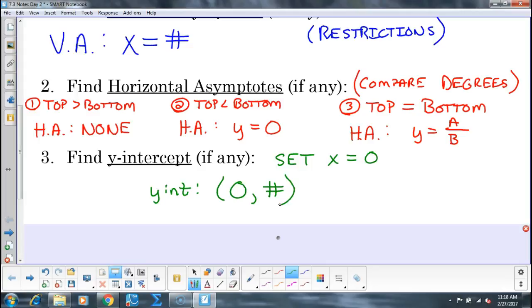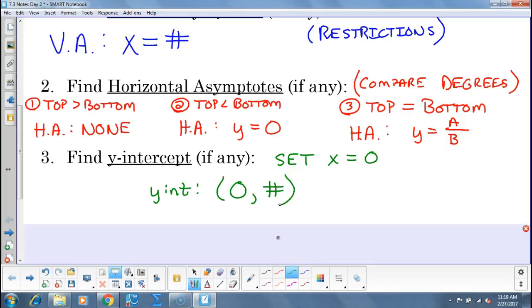Follow-up question to that: how many y-intercepts can we have? 1? Can I have 2? No, can't have 2. So only 1? Yeah. What? I can have 0. So none or 1, right?